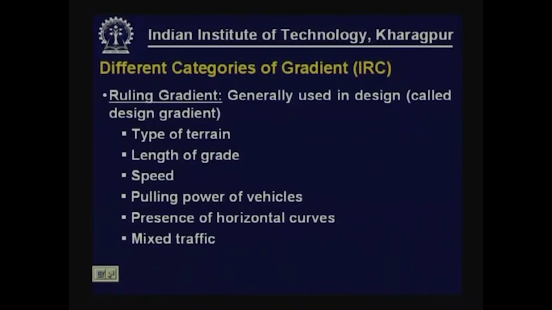We cannot simply say this is the value of the ruling gradient, but also what the length is, that also is important, and what the speed of the vehicle is, that is important, and then this reduction or loss of speed depends on the pulling power of vehicles. So, pulling power of the vehicle will also control to what level the speed reduction is possible. Then the vehicle operation is also affected by the presence of horizontal curves.